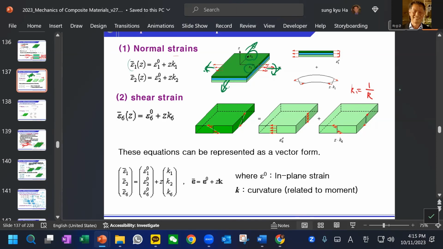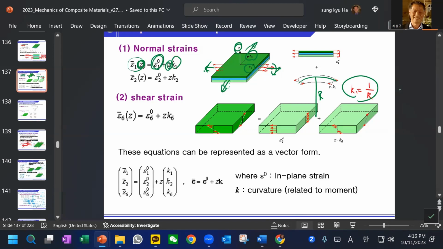One directional strain is uniform, the same all over the plane. And then Z is the through-the-thickness coordinate times the curvature. Curvature is this radius R, and the inverse of R is the curvature. So any ply is denoted by Z. Z can be bottom, middle or top.